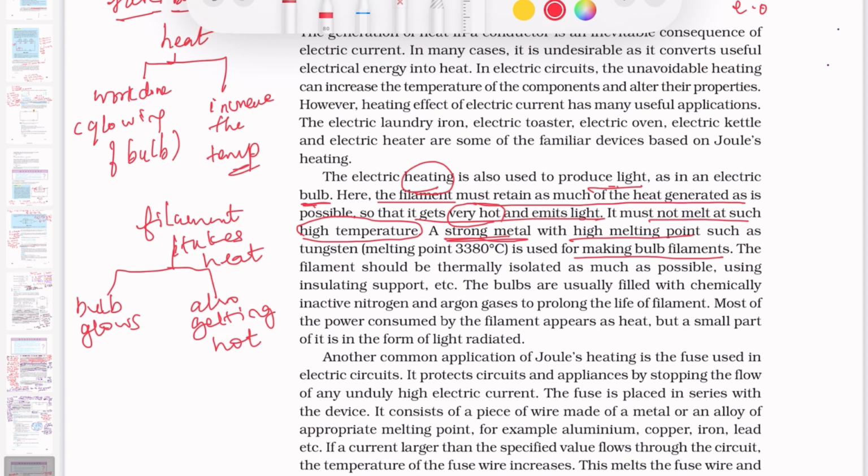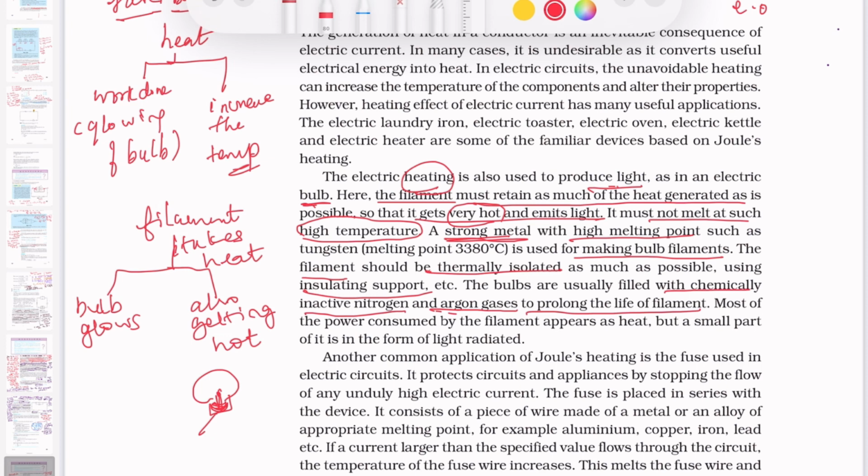One more idea is also added: they make sure that the filament is also thermally isolated using an insulator. The filament inside the bulb is surrounded by some isolating material like inactive nitrogen and argon gases to prolong the life of the filament.